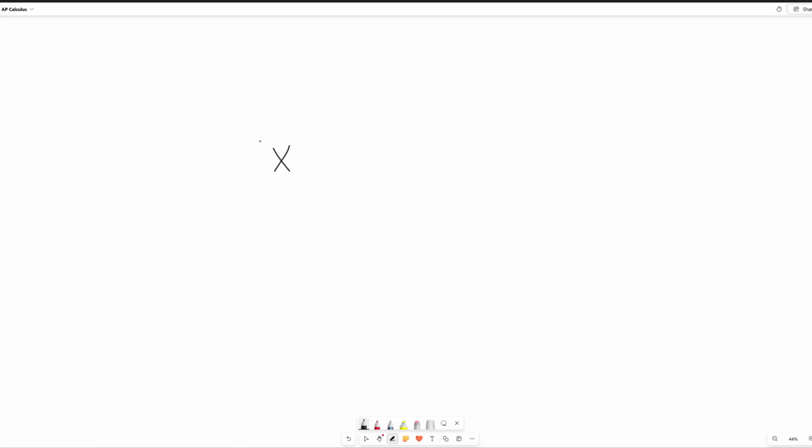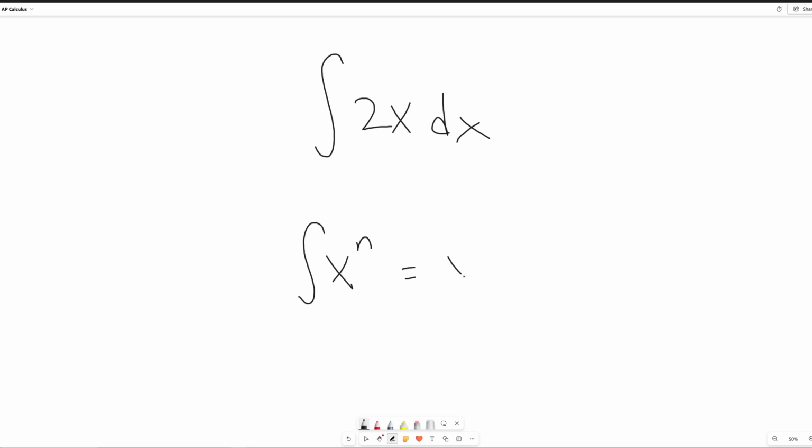I'll just do 2x for now. So, this is an indefinite integral, no bounds. So, if you have the integral of 2x, first thing we're going to talk about is the power rule. So basically, if you have x to the n and you integrate it, it is x to the n plus 1 over n plus 1.